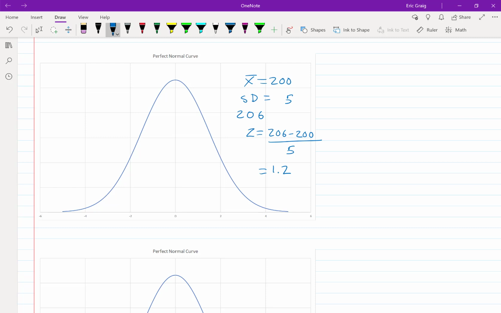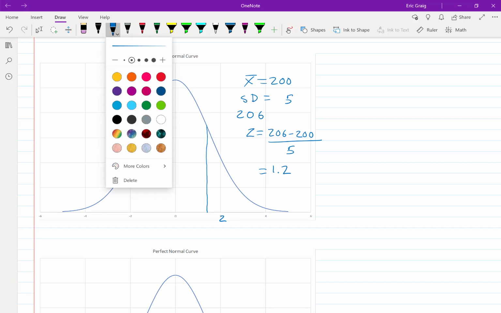We're looking for the people who scored less than 206 or the z equivalent of 1.2. So if this here is a 2, let's say we're going to be maybe about here. Again, exactly where we place this doesn't matter. All right.